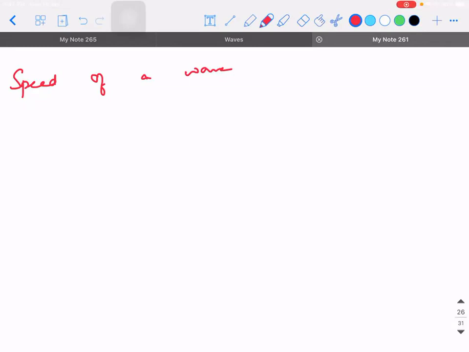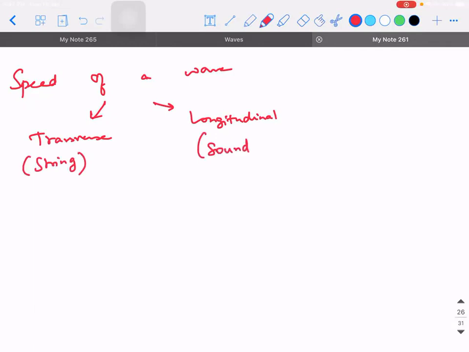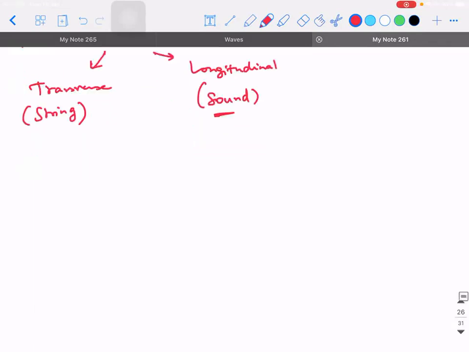When I talk about the speed of a wave, I can either calculate the speed of a transverse wave or a longitudinal wave. When I talk about the transverse wave, I'm talking about the wave on a string. That is an example. When I talk about a longitudinal wave, sound is an example. Okay. So write down this point.